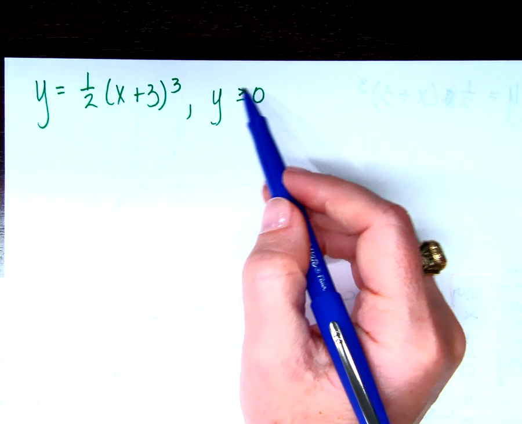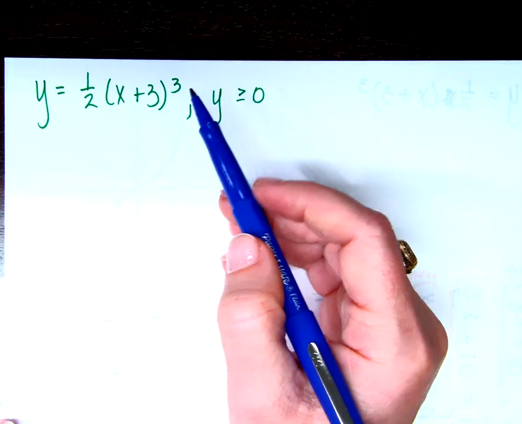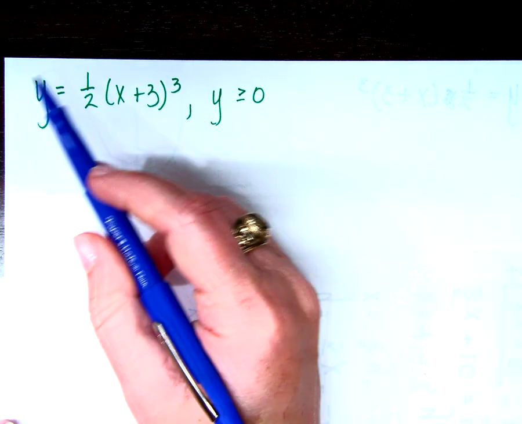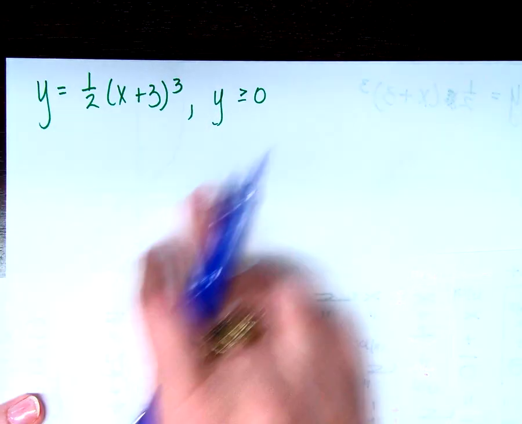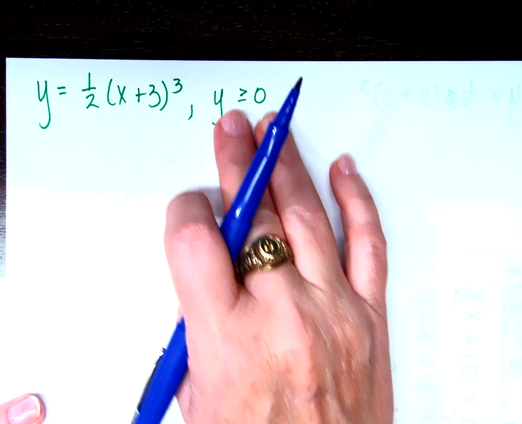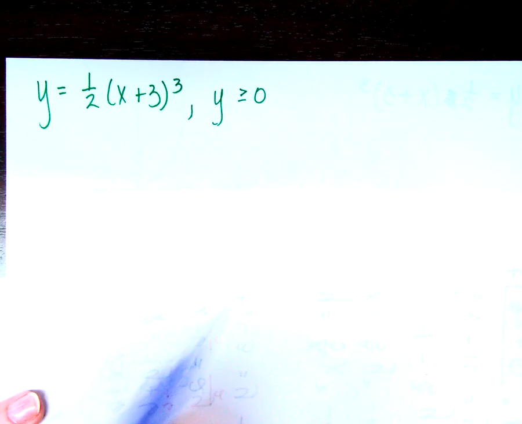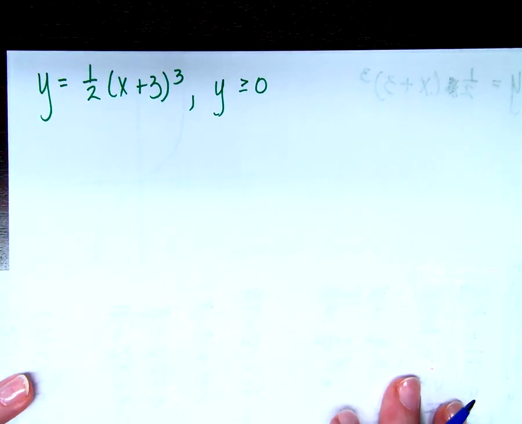This part right here is just restricting my range, right? It's not acting on this equation at all, is it? Okay, so when I go to find my inverse, do I really even pay attention to this? No, I don't. Okay, so how do you find the inverse function?